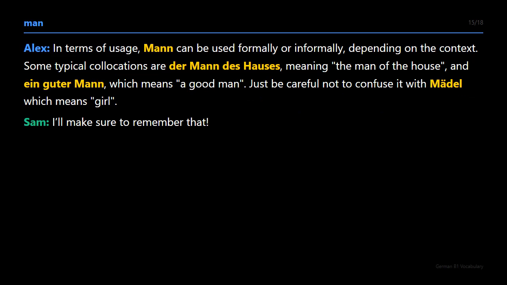Some typical collocations are der Mann des Hauses, meaning the man of the house, and ein guter Mann, which means a good man. Just be careful not to confuse it with Mädel, which means girl. I'll make sure to remember that.